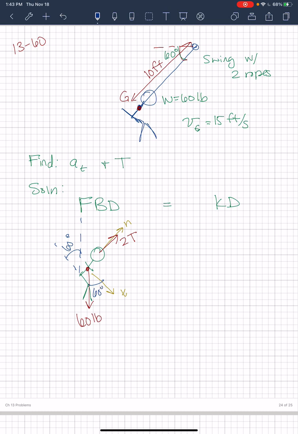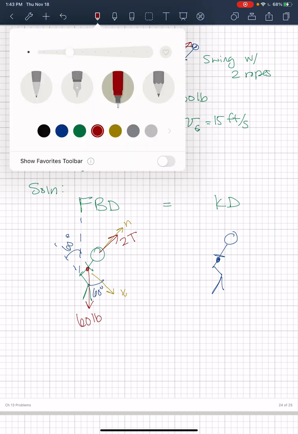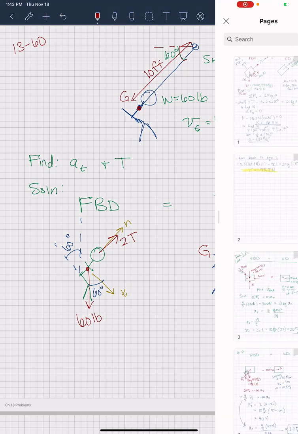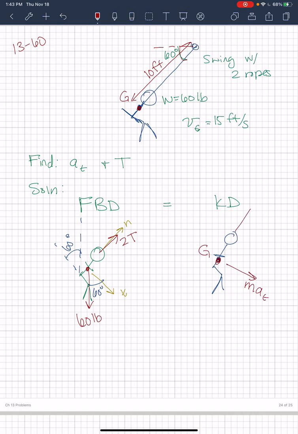And then we need to draw that equal to the kinetic diagram. And for the kinetic diagram, we still have that G. And then because we have normal and tangential acceleration, we have m a sub t and m a sub n.